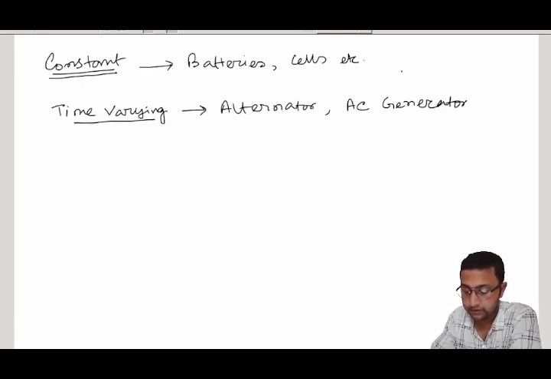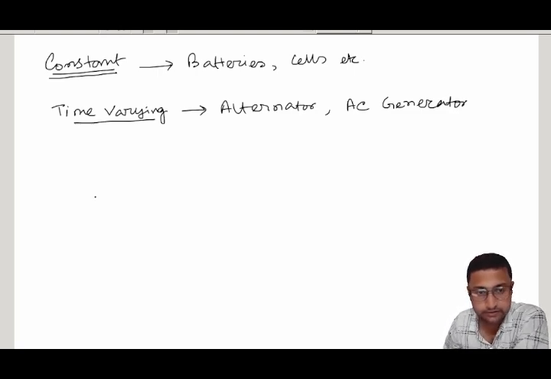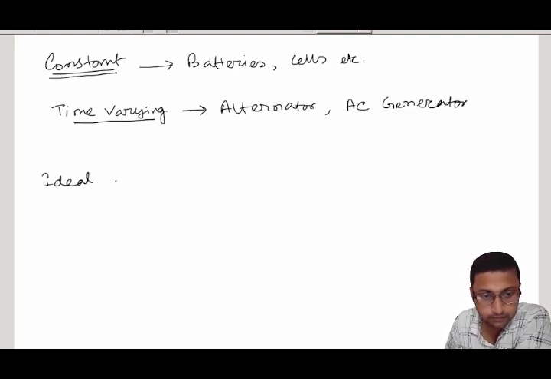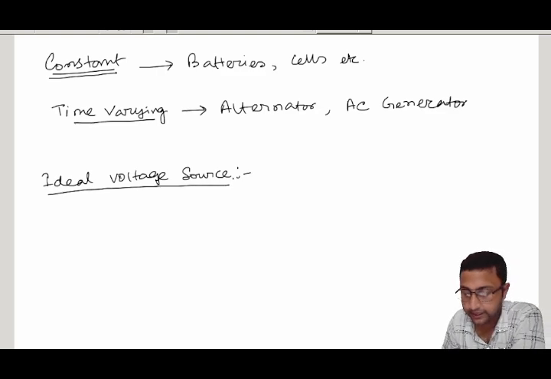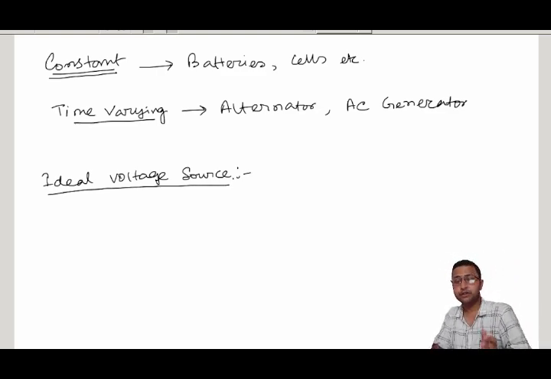Next is the ideal voltage source or ideal current source. At first, what is an ideal voltage source? A voltage source which has zero internal resistance is called the ideal voltage source.